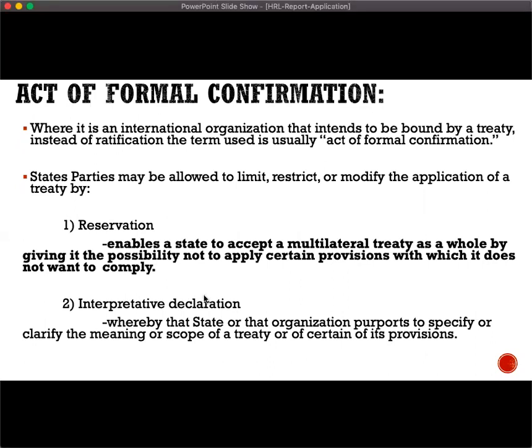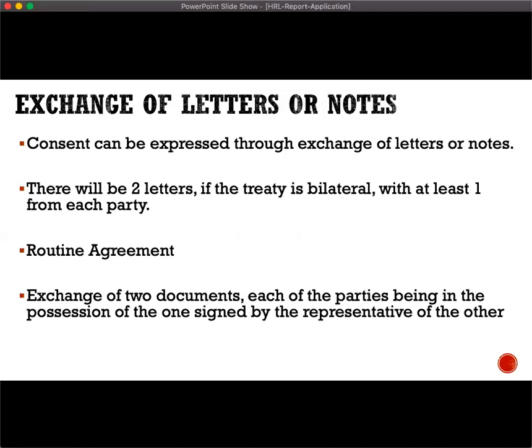In addition, exchange of notes means that the agreement consists of two documents, one from each party, and under this procedure, the accepting state repeats the text of the offering state to record its assent.